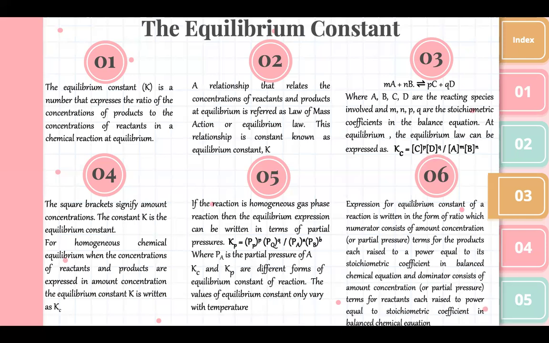The expression for the equilibrium constant of a reaction is written in the form of a ratio, whose numerator consists of amount concentration or partial pressure terms for the products, each raised to the power equal to its stoichiometric coefficient in the balanced chemical equation, and whose denominator consists of amount concentration or partial pressure terms for the reactants, each raised to the power equal to its stoichiometric coefficient in the balanced chemical equation.